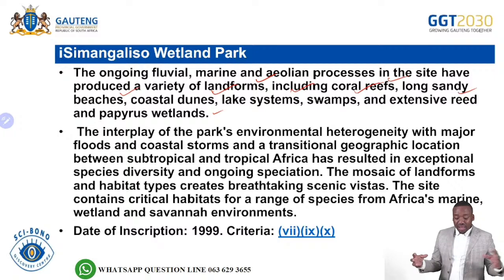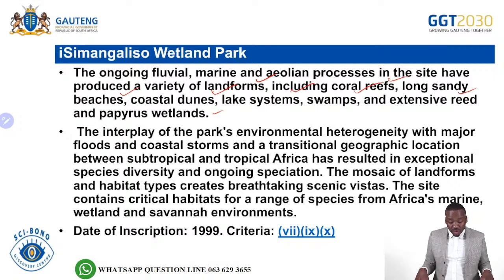So these are the things that you can meet when you come across this Isimangaliso Wetland Park. It is a very big place that has a variety of landforms, and this is where you can also find our hippos. So it is a very big wetland park.